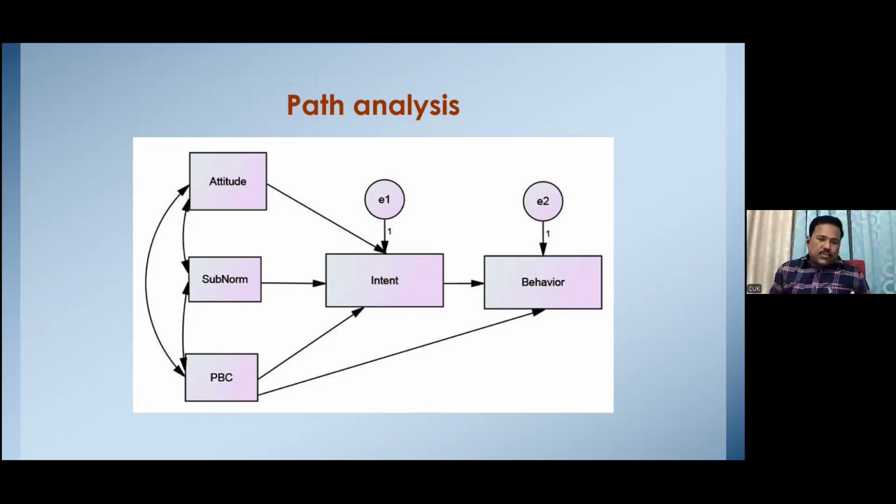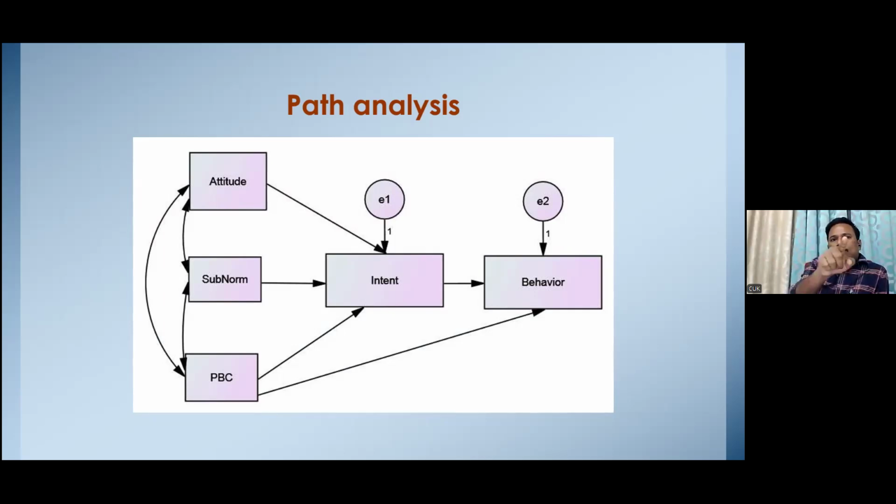So if you look at the picture, why do these people prefer path analysis over multiple linear regression? Because if you wanted to study this, you could also do two multiple linear regressions. How do you do the two multiple linear regressions here? We have 3 independent or predictor variables and 2 outcome variables. If you see the arrows, the behavior is directly influenced by the intent variable and by the PBC, which is perceived behavioral control.